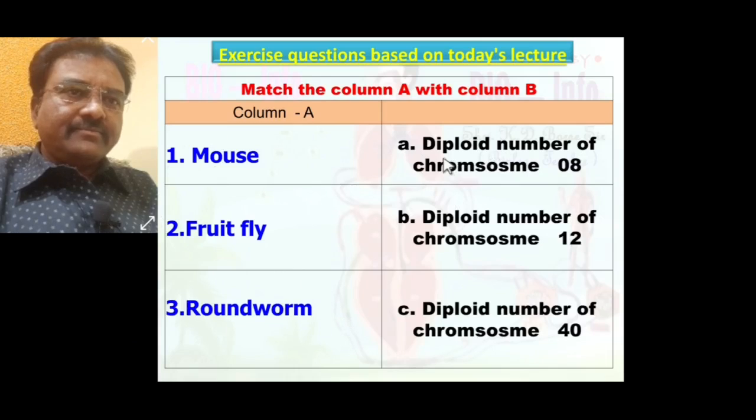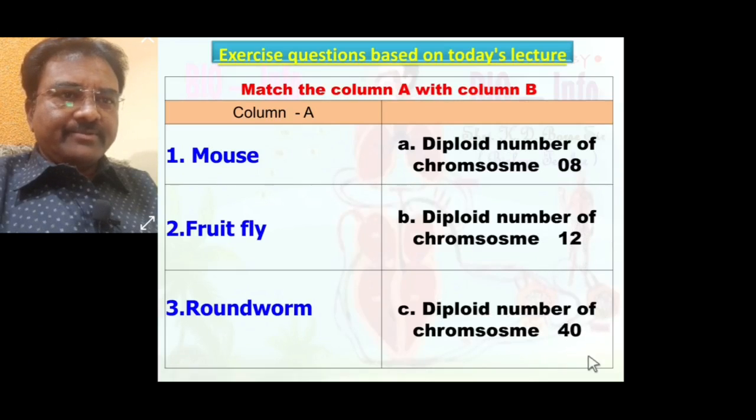In column B are noted diploid number of chromosomes 8, 12, and 40. First, mouse contains diploid number of chromosomes 40, so 1 matches with C. Fruit fly has 8 diploid chromosomes, so 2 matches with A. Roundworm contains 12 diploid chromosomes, so 3 matches with B.